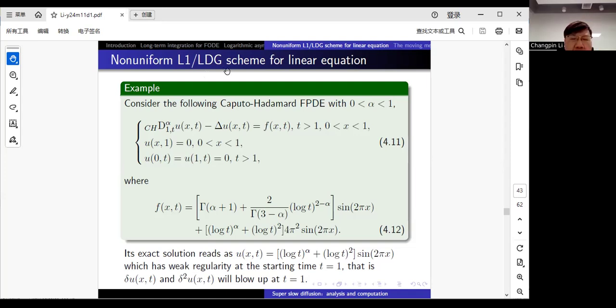This is the Galerkin finite element method in space and a non-uniform method in time for the time fractional derivative. So we can consider a non-homogeneous condition. We can change it into a homogeneous condition, but then the solution changes. Okay, I see. Thank you.